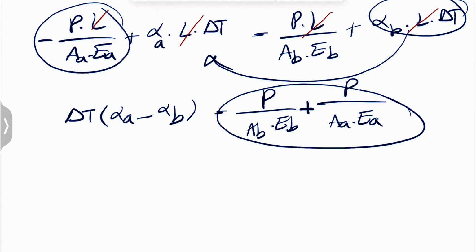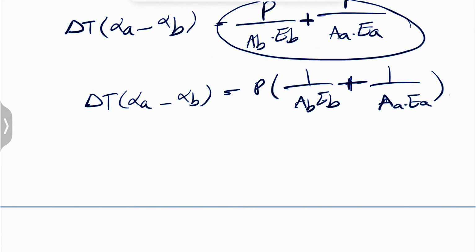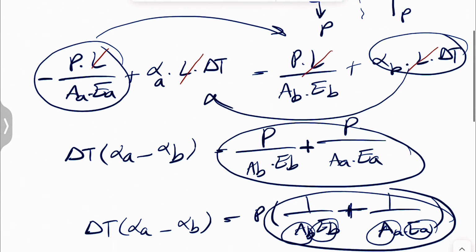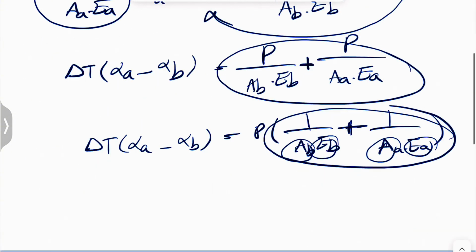On the right hand side we can factor P, so it's going to be P times 1 over AB EB plus 1 over AA EA. We're going to keep the left side as is, and we can call this one a simple ratio. Finding this is pretty easy because we have all the areas and all the elastic moduli in the question, and this is going to be a simple value.